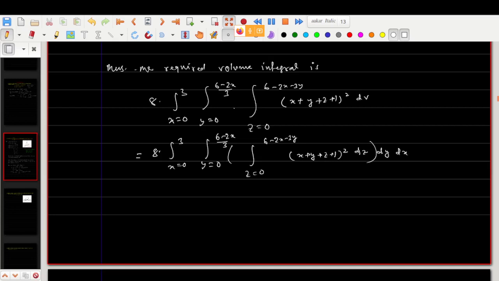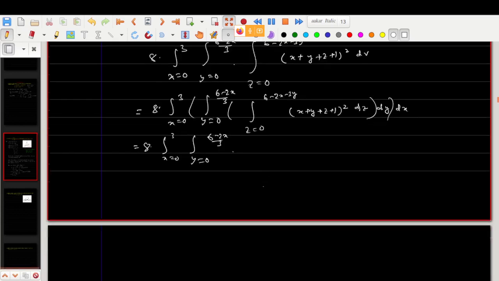If you want to make it convenient, you can put the brackets here also. And this one turns out to be x equals 0 to 3. It is nothing but basic calculation, but still I am showing you. y equals 0 to 6 minus 2x by 3.